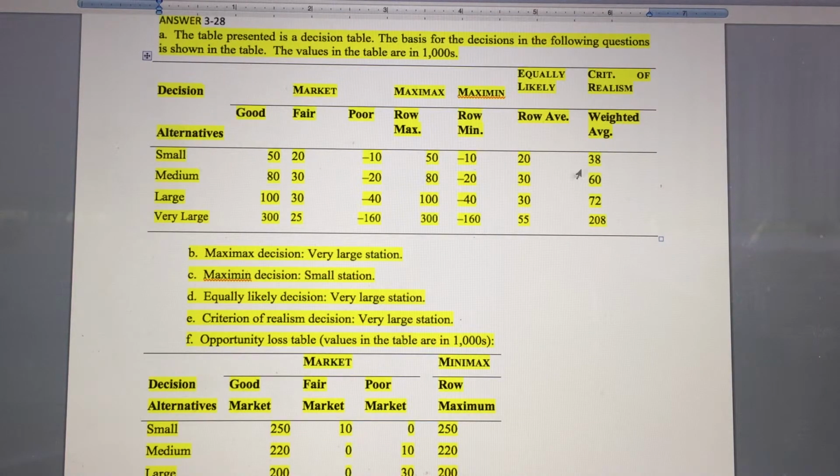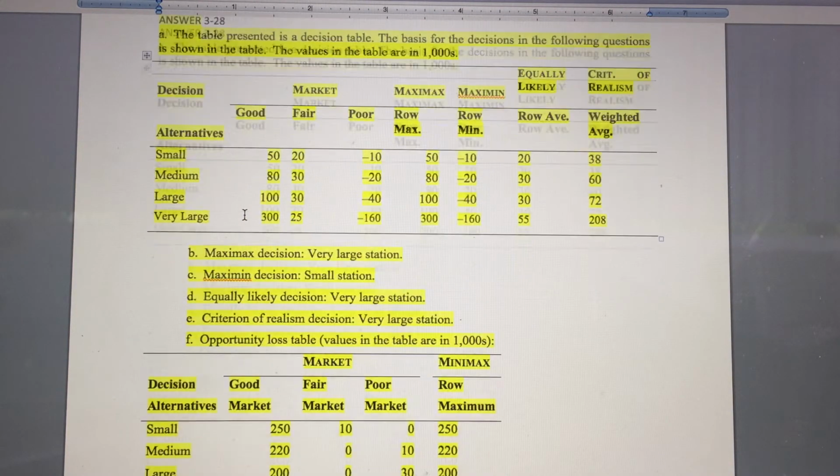I get the values of 32, 60, 72, and 28. Among all these values, the highest value is 28. So my criterion of realism value is 28, and my decision is to go with the very large facility.